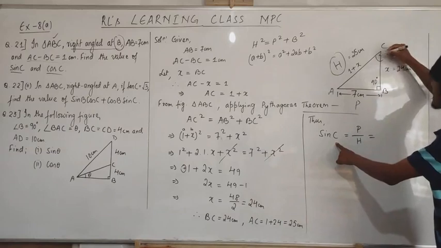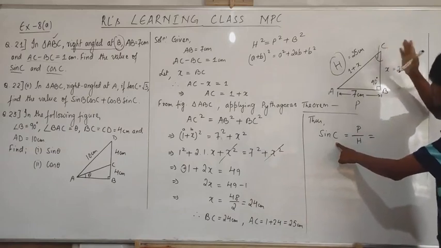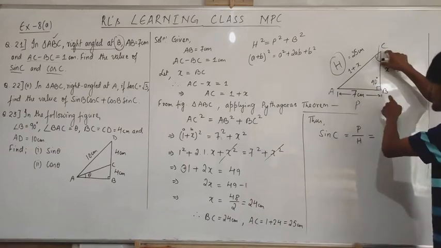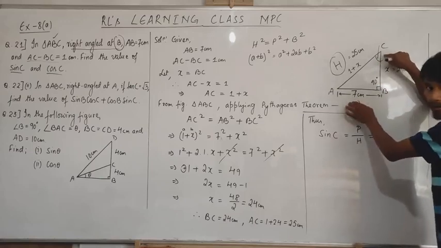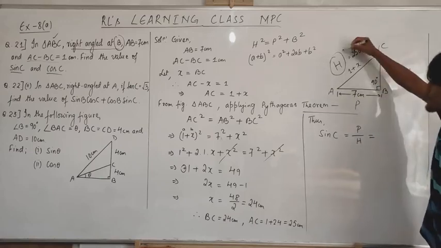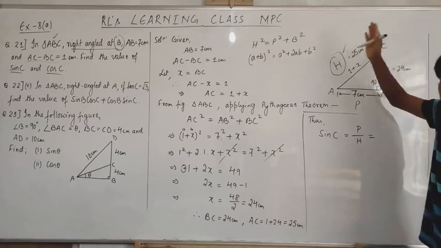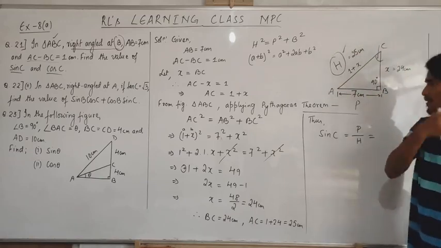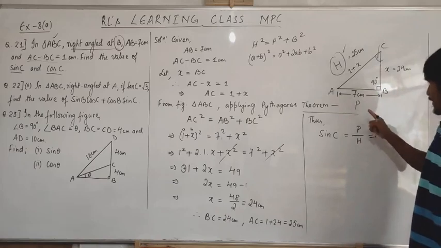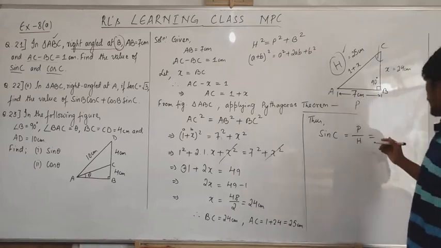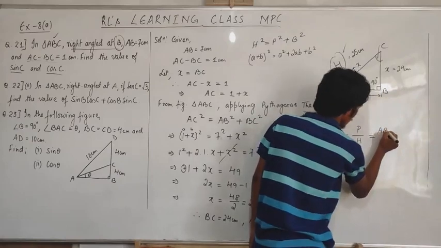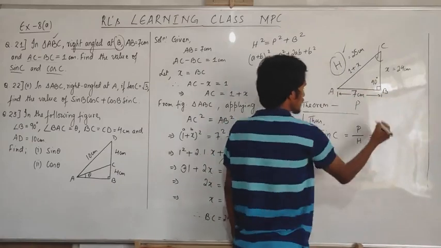If you take this as the angle, then which side is opposite to this angle? This AB is opposite to angle C, so this will be the perpendicular. The hypotenuse is always opposite to the 90 degree angle. Then the perpendicular here will be 7, that is AB. Okay, then I write here AB. Then the hypotenuse here is AC.